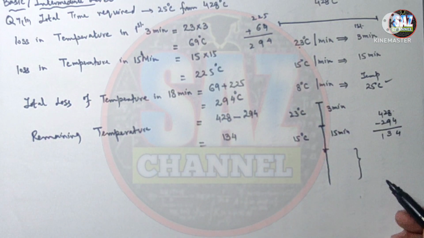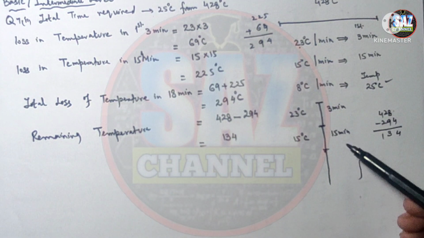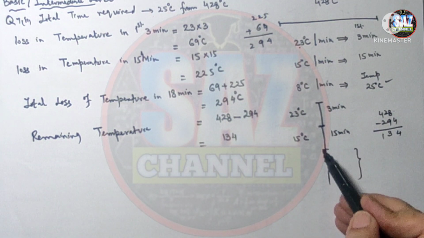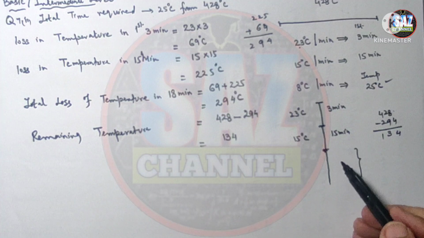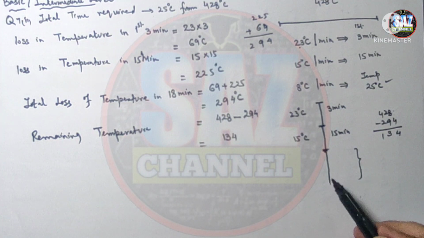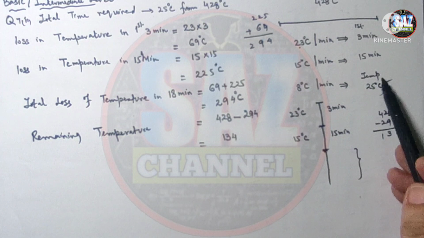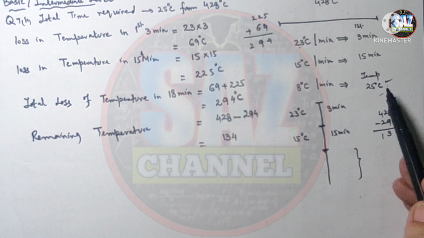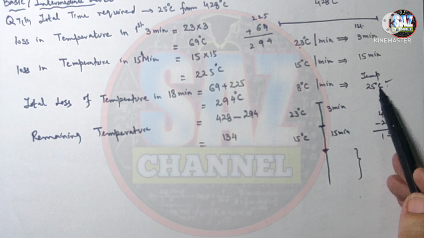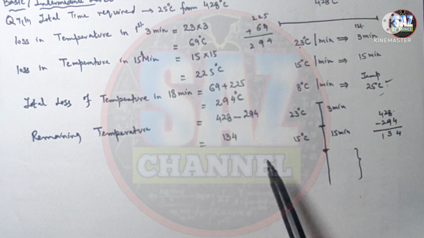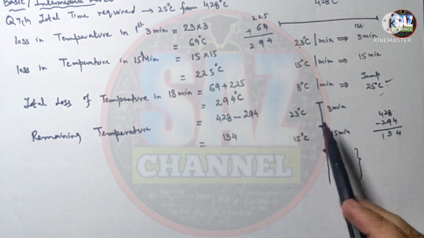134 degrees. Okay, now look, that after 18 minutes, the temperature is going down with the rate 8 degrees centigrade per minute, and we need to find the time when the temperature has reached 25 degrees centigrade. So there must be some temperature between 134 to 25.